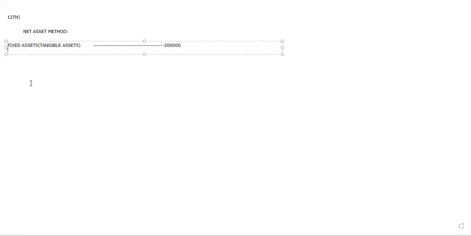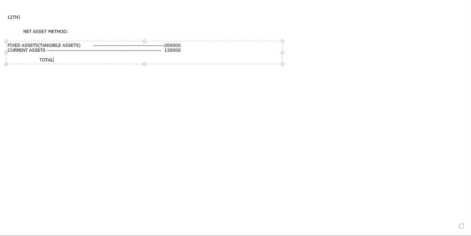Then what else he gave? Non-preliminary item we will avoid, no ma. So that's why I'm avoiding preliminary. Now current assets he gave. So current assets he gave as 1,30,000. So that 1,30,000 I'm going to take. That's it. So total of assets, how much will it be now? 3,40,000.